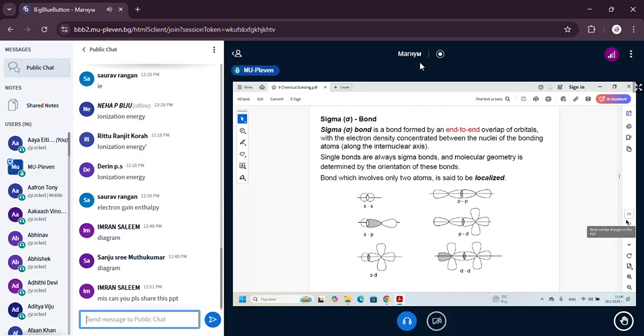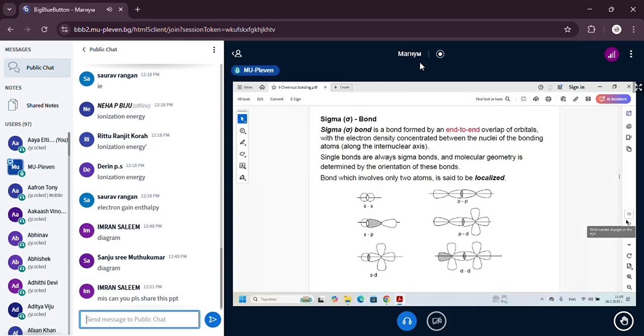Sigma bonds, we can say, are localized bonds. Localized bond we have when we have a bond between only two atoms. In case bonding is between more than two atoms, we will discuss this later. We will talk about delocalized bonding.